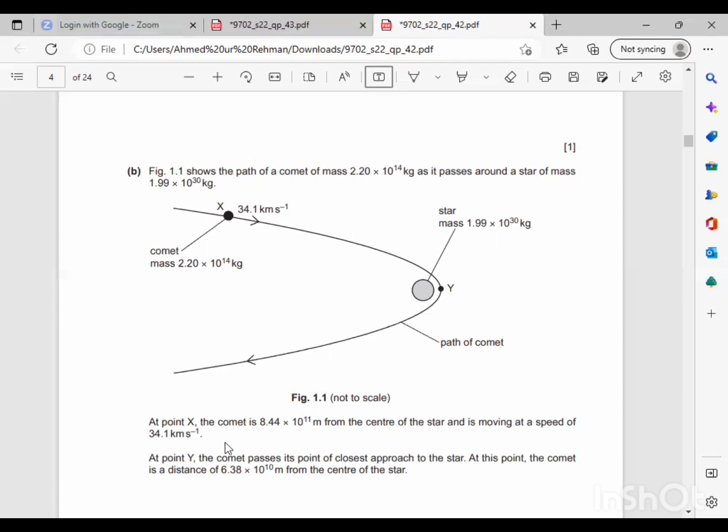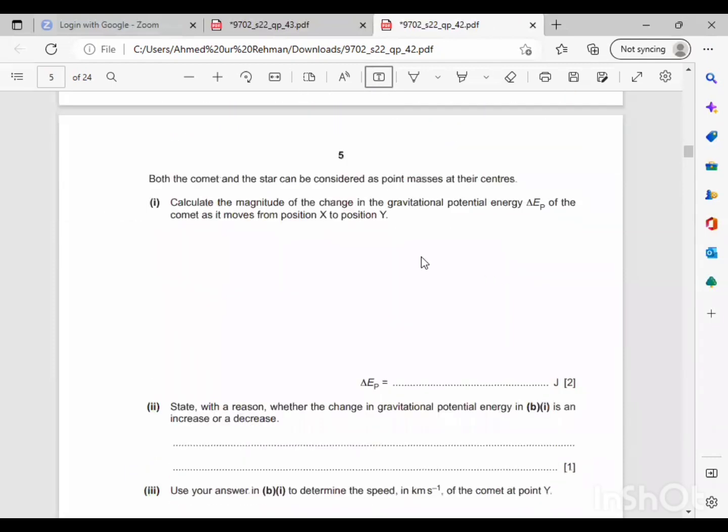They're also saying that the comet is 8.44 into 10 to the power 11 meters from the center of the star and it's moving at a speed of 34.1 kilometer per second. This information is for point X, and then they have also provided information for point Y, where they've given you the distance, right? So what are they asking? Both the comet and the star can be considered as point masses at their centers.